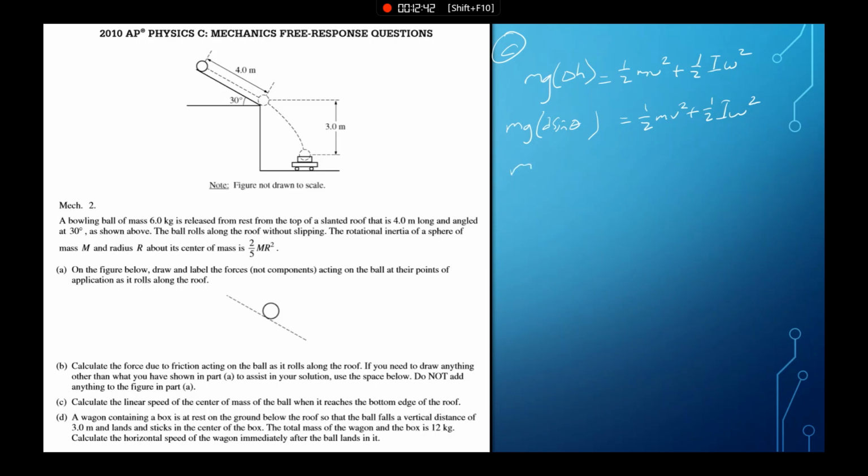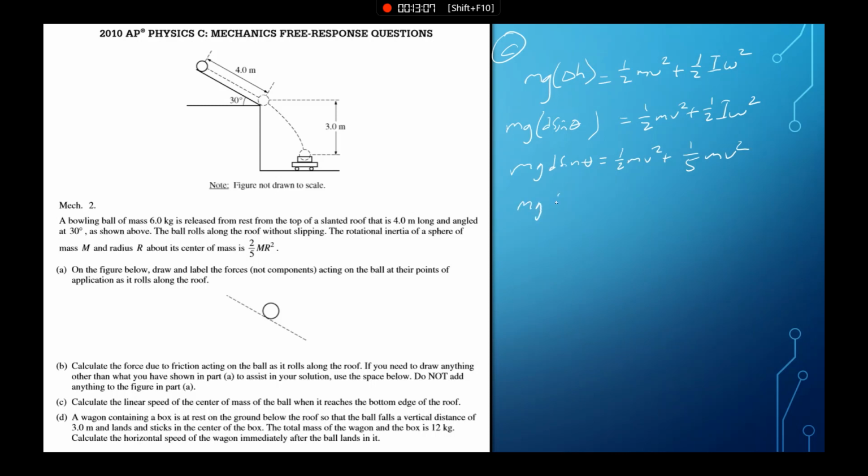So this would be 1/2 of 2/5, or 1/5 mv squared.